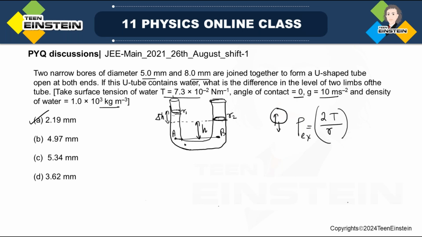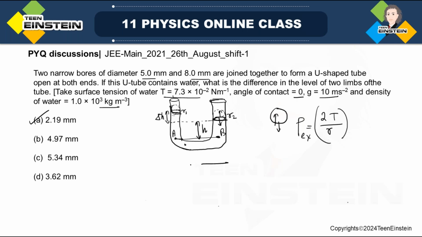Look here, there are bubbles forming here. If I draw this with radius R1, and this with radius R2, right? So there will be pressure. Atmospheric pressure will be there, and also there will be excess pressure inside the bubble. So actually this pressure will not be exactly the atmospheric pressure.